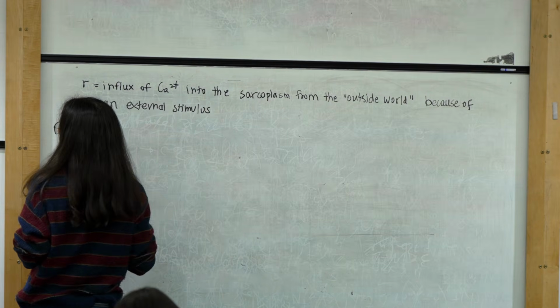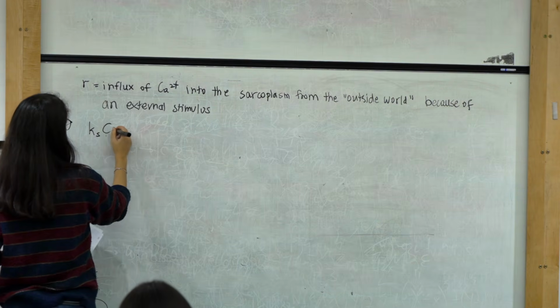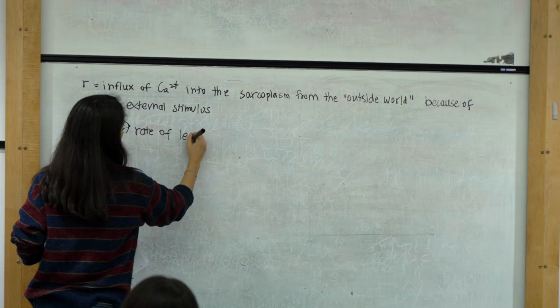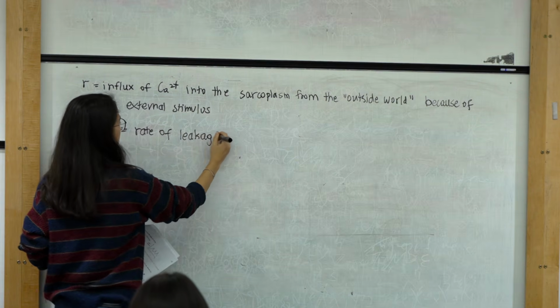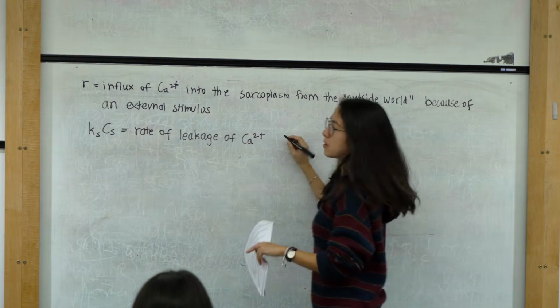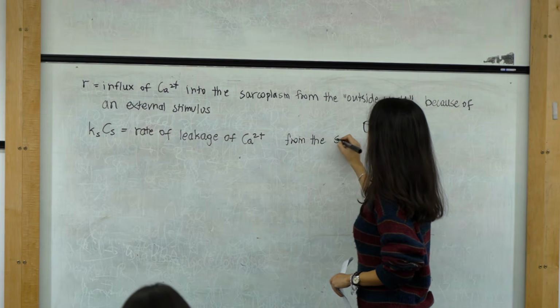And the last two things I need to define are the leakage terms. So I have also KS CS. This is the rate of leakage of calcium from the SR to the sarcoplasm.